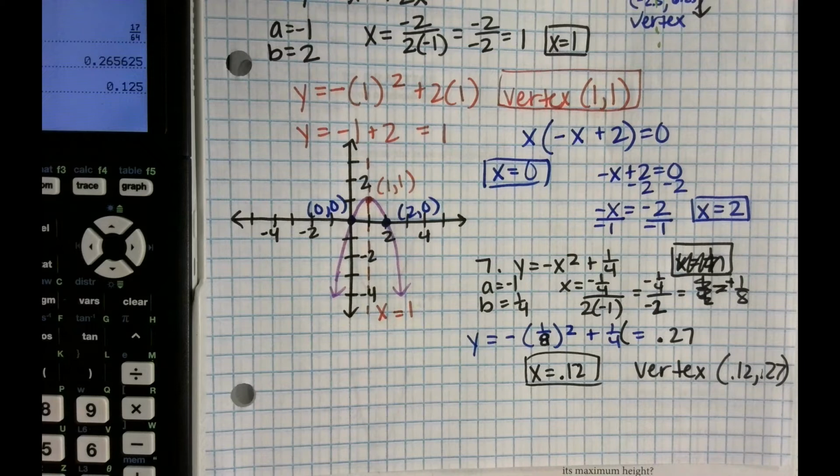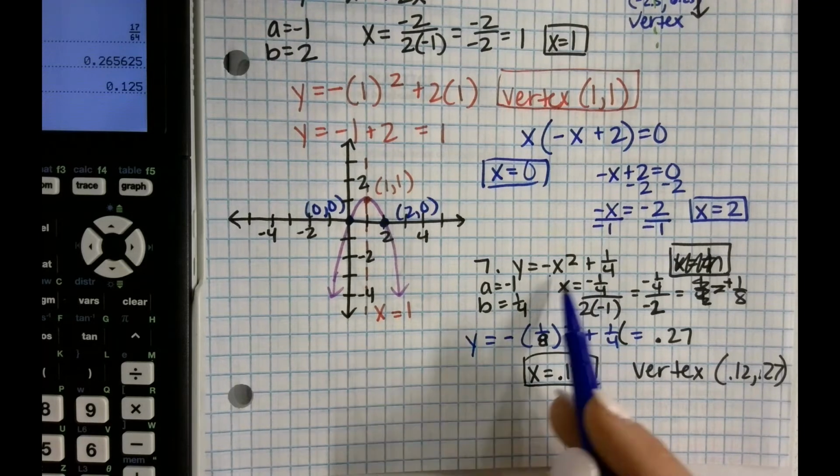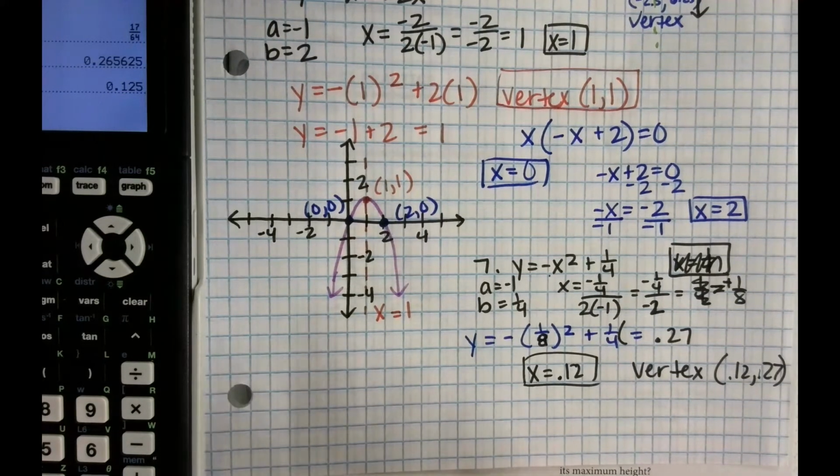we need to factor it. So for this one, if a is -1, we need factors of 1/4. And then we don't have a b value. So it's one of those where it's going to cancel out.